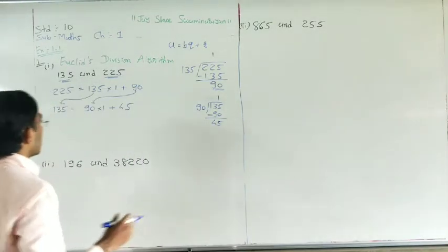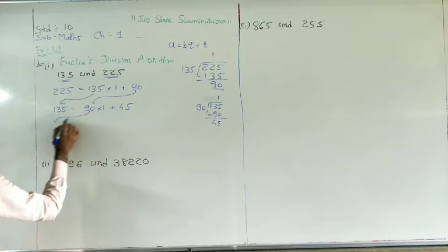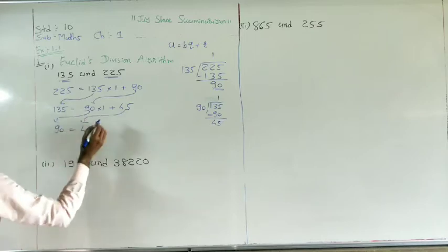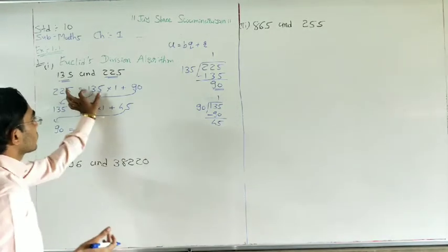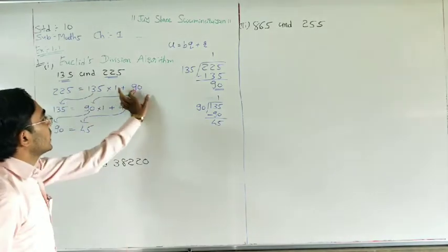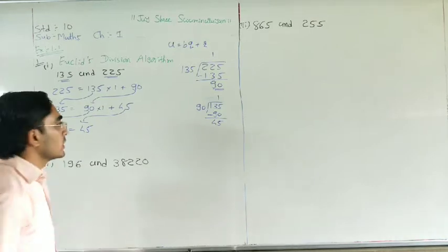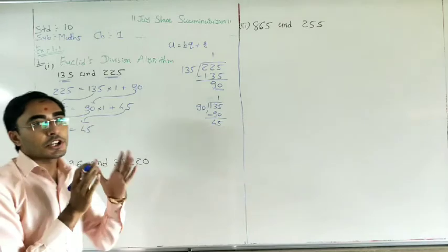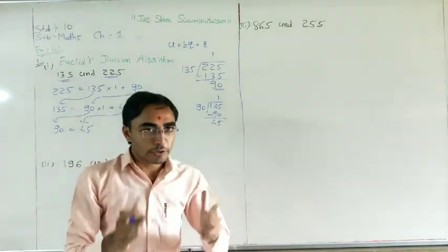Next step, again transfer this number here and this remainder here. This is the fixed step. Your first number you write here and your remainder you write here. So again 90 here, 45 here. You do not need to show this arrow, it is just for the explanation.